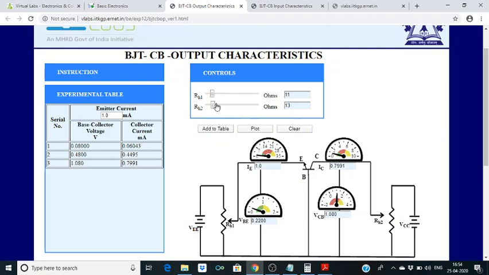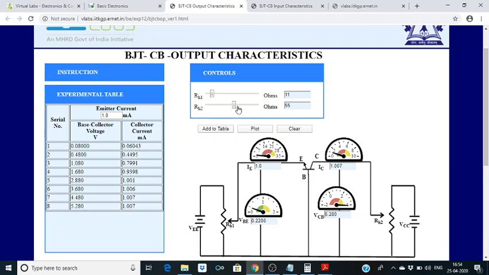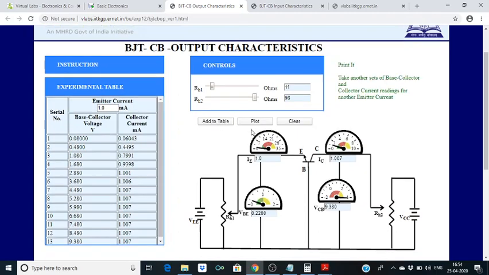First we will change it gradually, VCB 1.08, 1.6, then we will move it gradually. We'll take different readings, and finally we will plot.